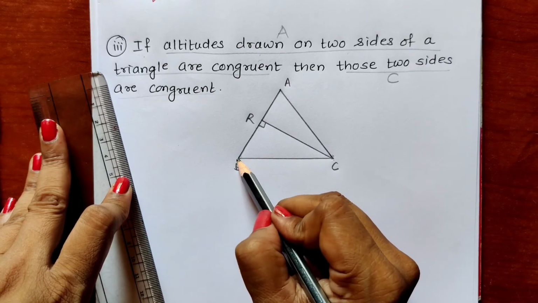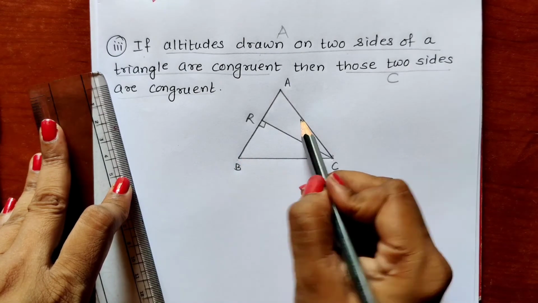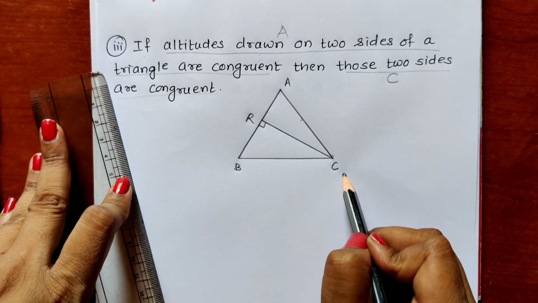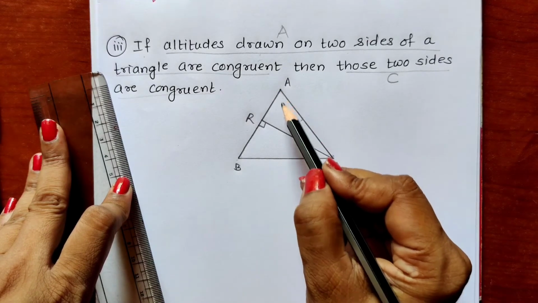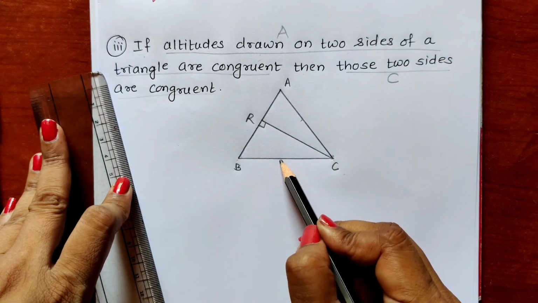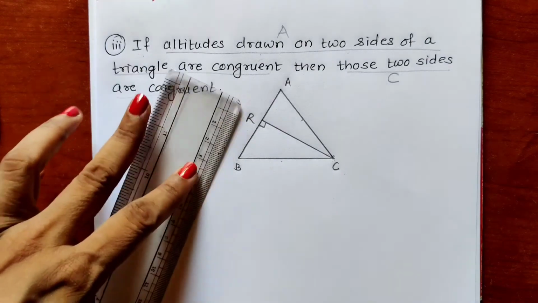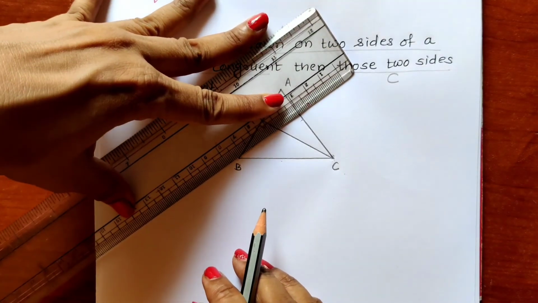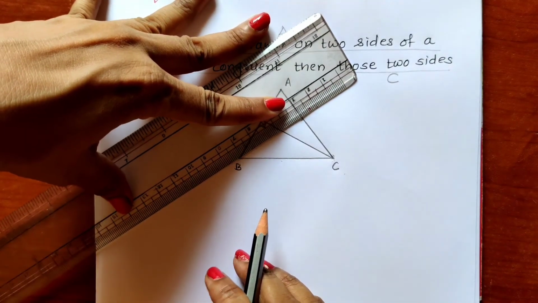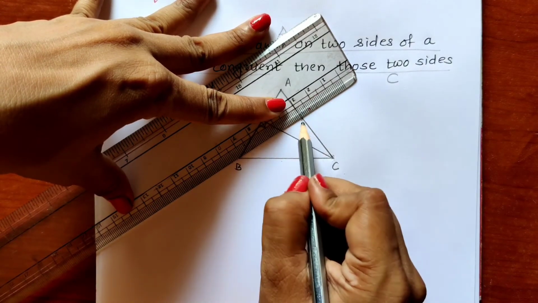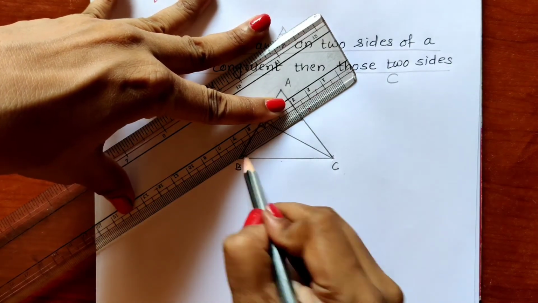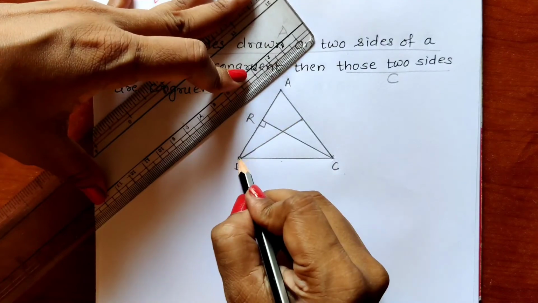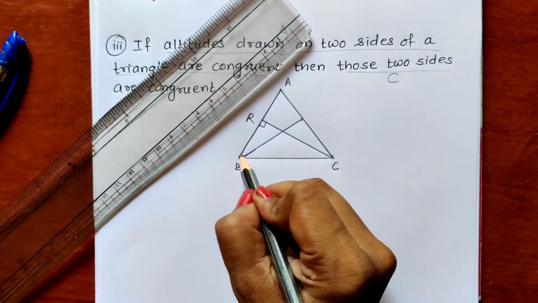Similarly, either from vertex B we can draw a perpendicular on AC, which will be the second altitude, or from A we can draw the perpendicular on side BC, which will be the second altitude. Any one altitude we can draw. So from B I will be drawing the second altitude. Okay, draw it carefully.